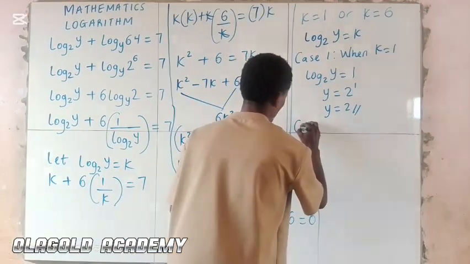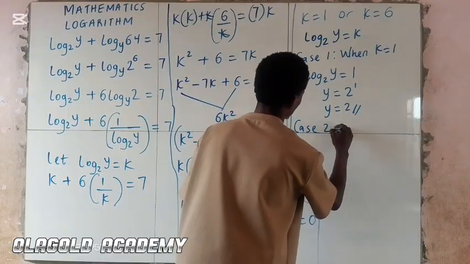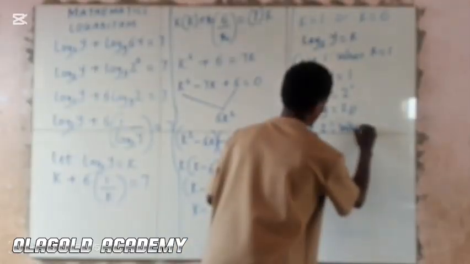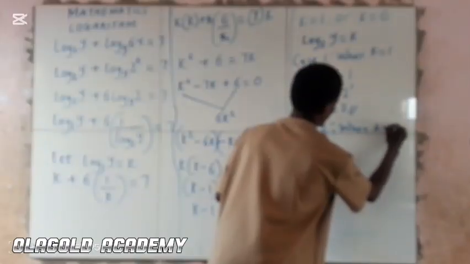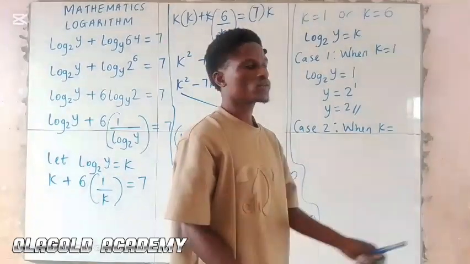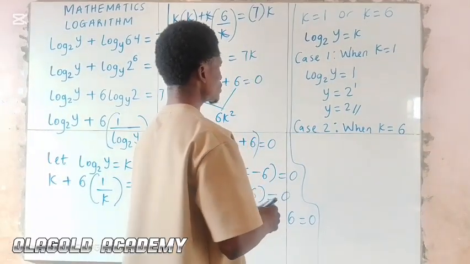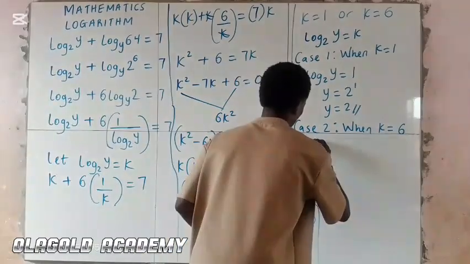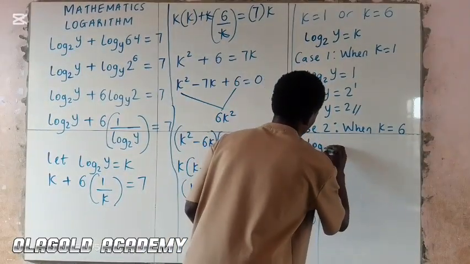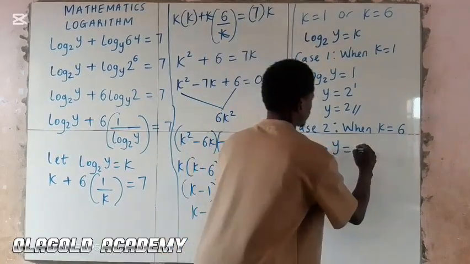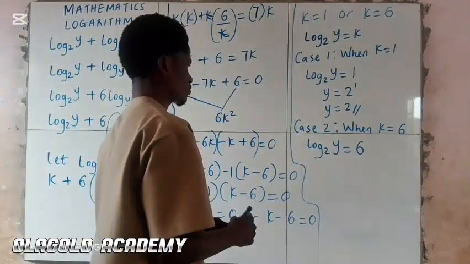For case 2, when k equals 6, then log 2 of y equal to 6. So I have this.